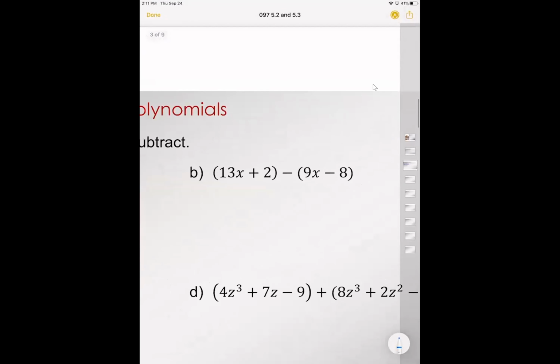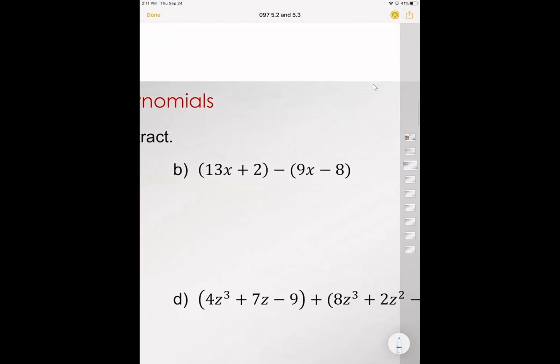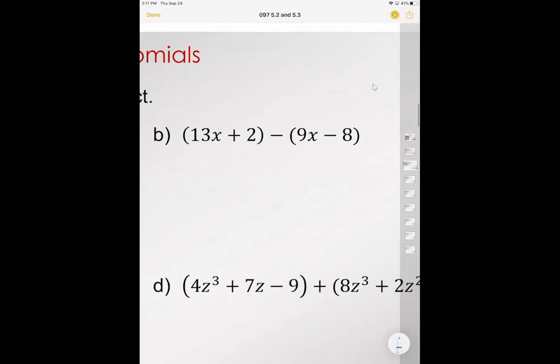Let me do B, and then I will ask if you have questions, because addition should not be a problem. For subtraction, there is a little bit of a problem we need to deal with. Because it's subtraction, before we can drop the parentheses, we need to take this negative sign and distribute it to the second parentheses.